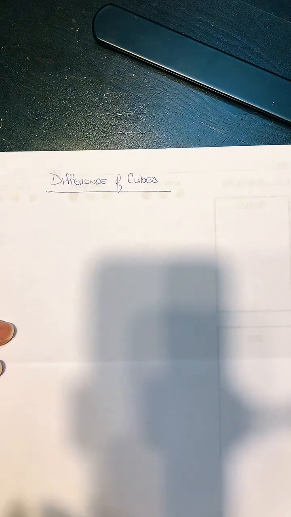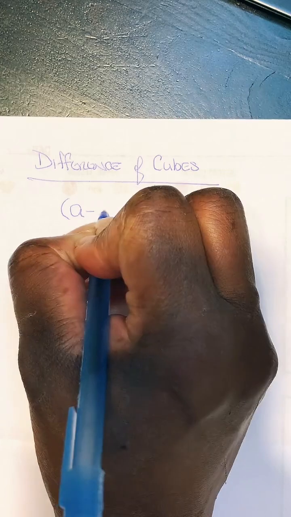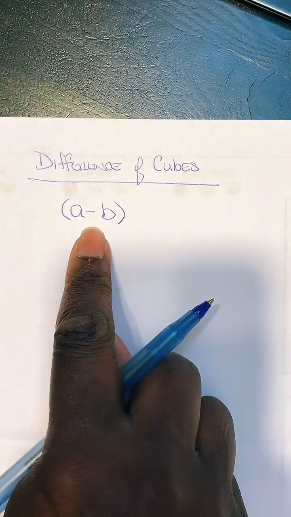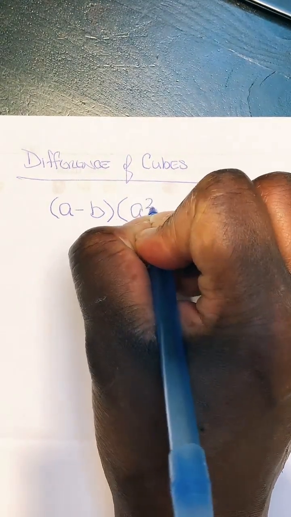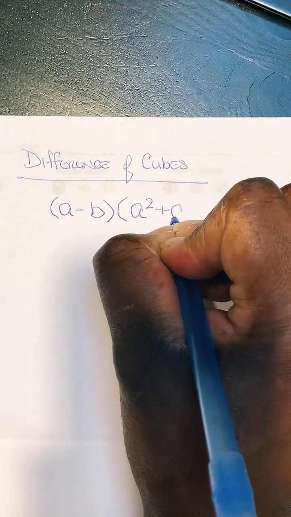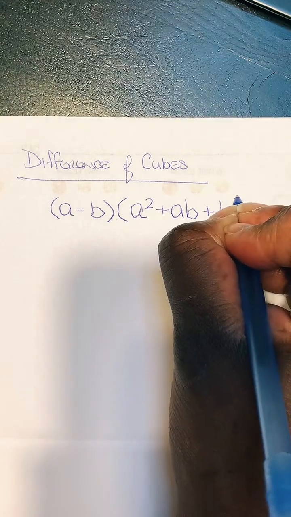All right, with the difference of cubes, here's the formula. Your first parenthesis is always going to be a negative. Then you square your A, you add and multiply your A and your B, and you add your B squared.